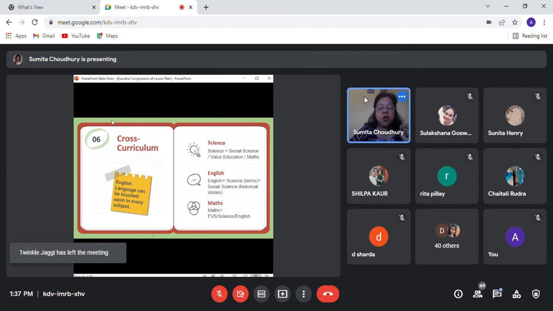Science with SST, social science. For example, we are teaching rocks and minerals in science. The formation of rocks: when we need to explain how, from volcano eruptions, that is the cooling of lava, rocks are formed.